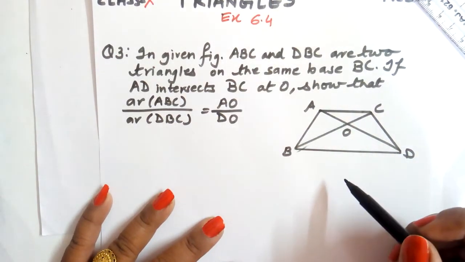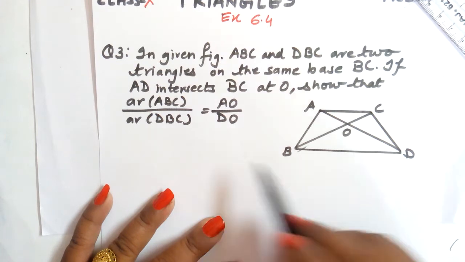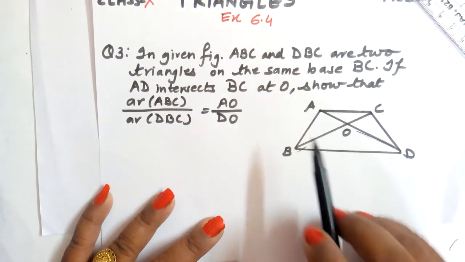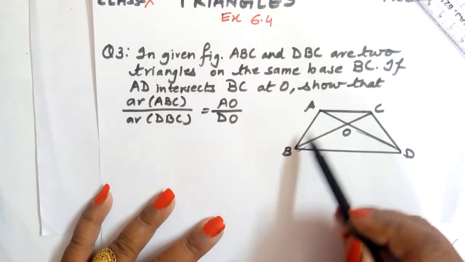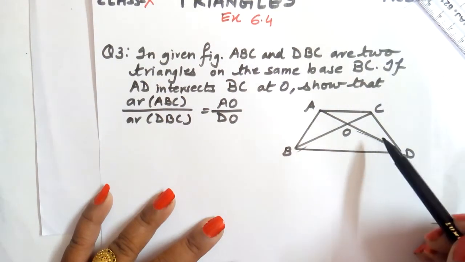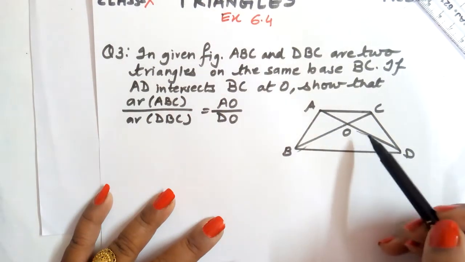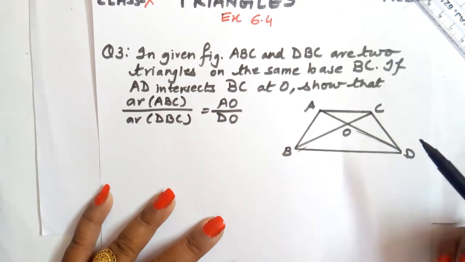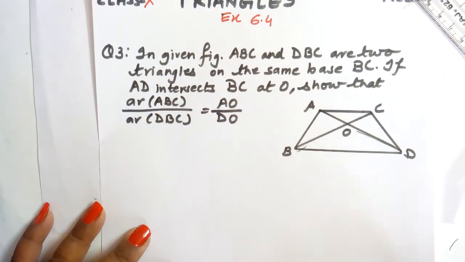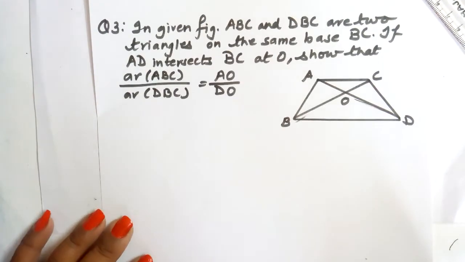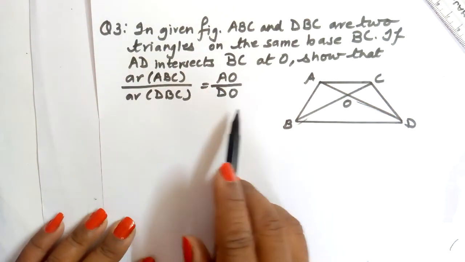If AD intersects BC at point O, show that area of ABC upon area of DBC is equal to OA upon DO. So we have to prove area of triangle ABC upon area of triangle DBC is equal to OA upon DO.